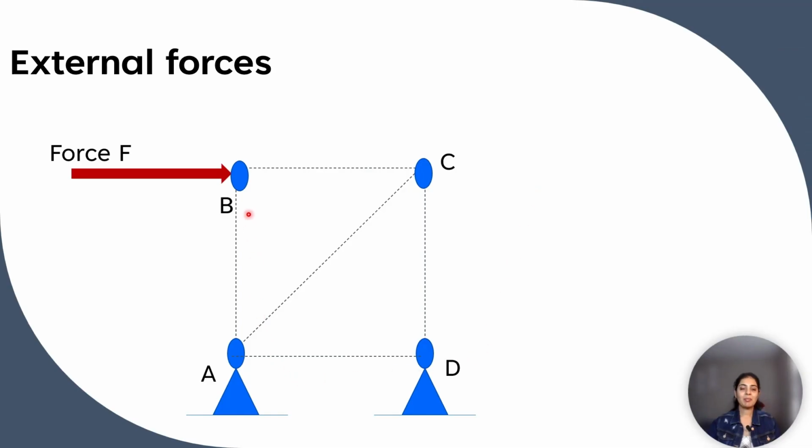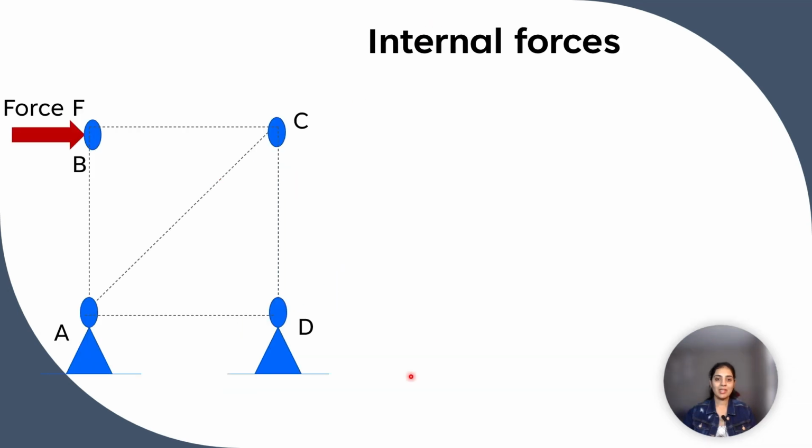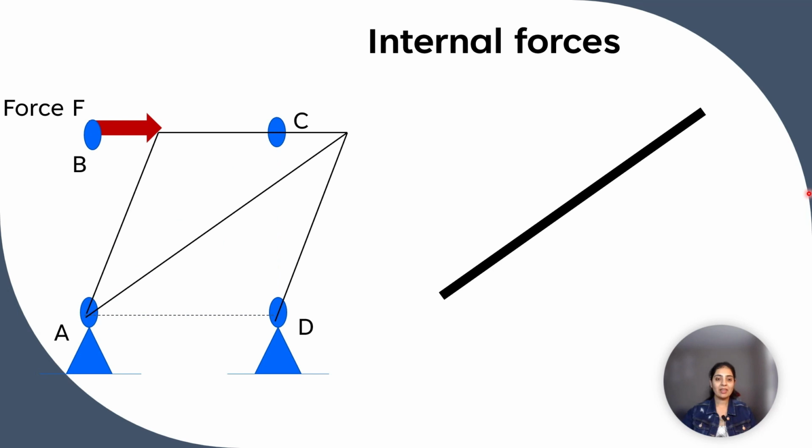This is an example of a structure. Here, force F applied on joint B is an external force. Now, after the application of force F, there is sway in the body at the level of BC, and the structure deforms like this.